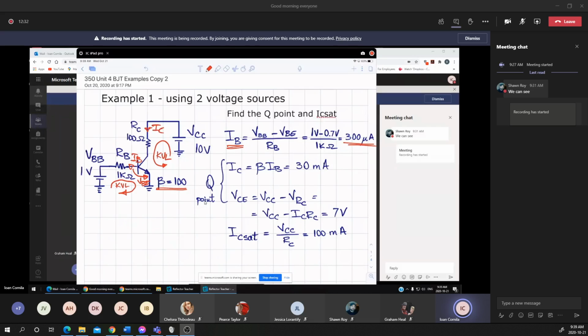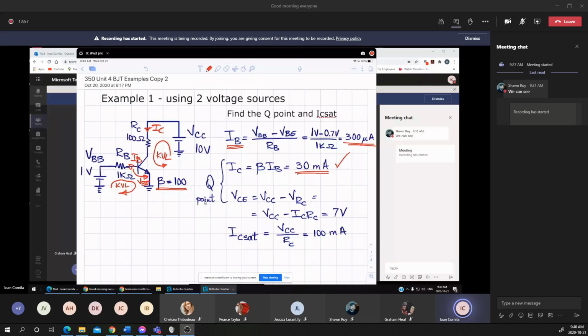The IC is beta times IB. Multiplying beta 100 with 300 microamps gives you a current of 30 milliamps. You notice that, and I mentioned from the beginning, that's a current control device. Means that by changing the base current, I will change the current on the collector.